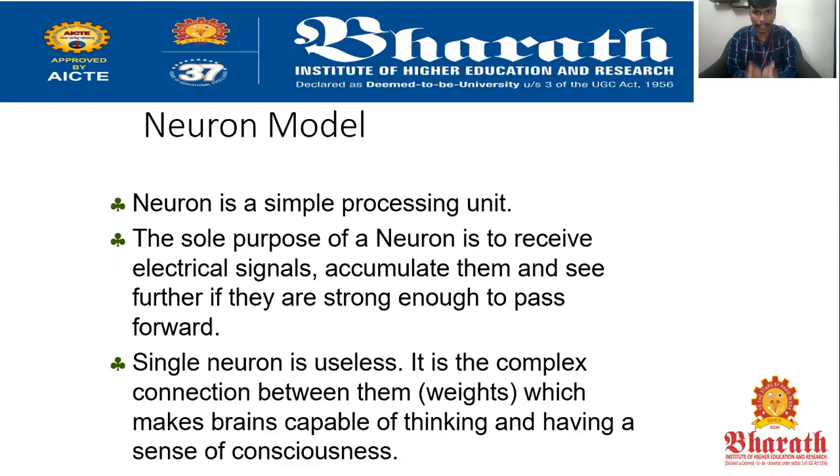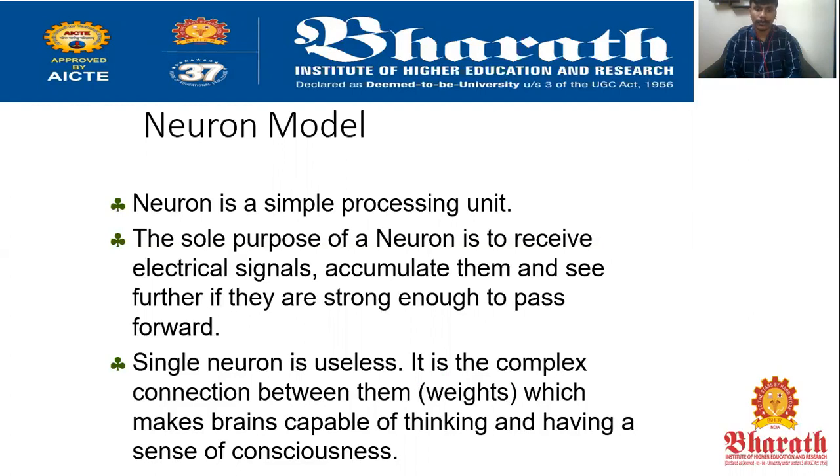So this is the actual purpose of neuron activity. That means it will be receiving the electrical signals, and those signals will be analyzed, verified, accumulated, and made strong so that they can pass from one neuron to another neuron for the network connectivity.